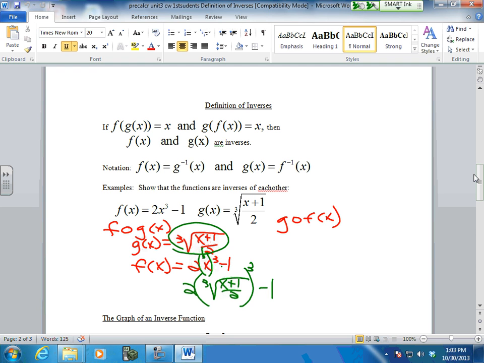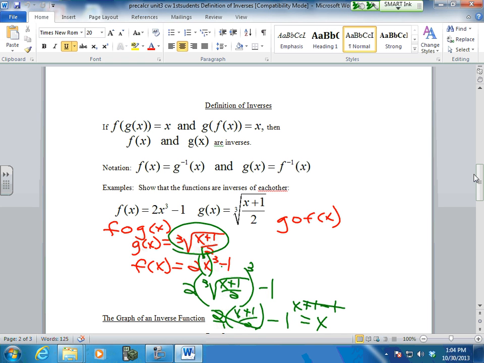It just pops out. So we get 2 times x plus 1 over 2 minus 1. When you multiply this, what happens to your 2's? Cancel. So you're left with x plus 1 minus 1. What happens to your 1's? Cancel. And you are left with equals x. That's your identity. Y equals x. So that's one half of it.